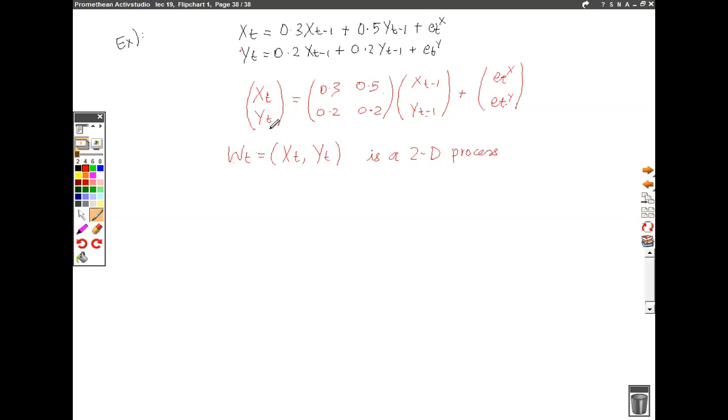So now I can write this model as wt being equal to, and I'm just naming this matrix A. So that will be A right there, and you will have wt minus 1. So if my wt is xt comma yt, my wt minus 1 will be xt minus 1 and yt minus 1, right? So I can rewrite this as wt equal to A wt minus 1 plus etw.